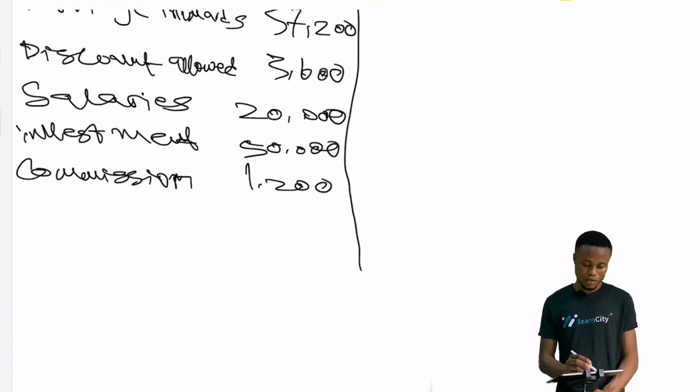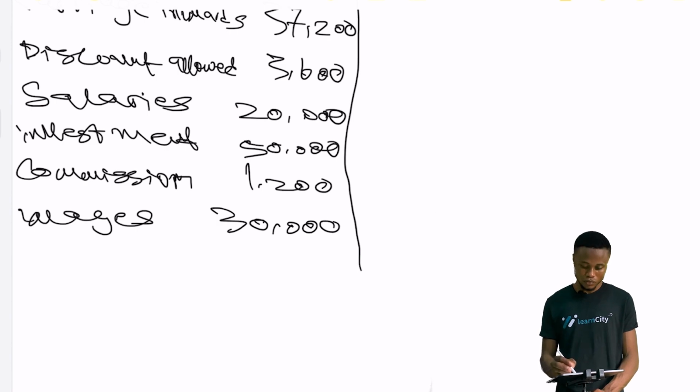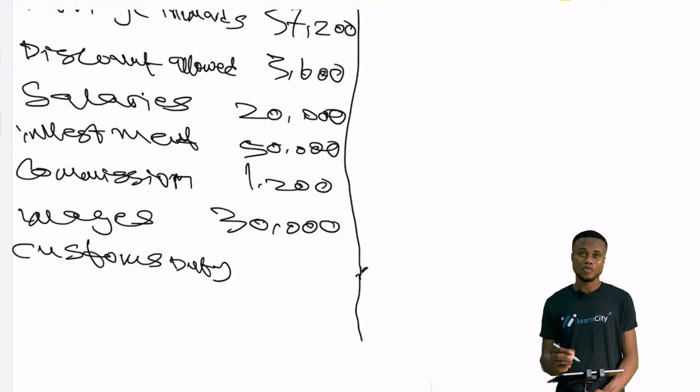Wages, 30,000 naira. After wages, they give us customs duty, and the amount for customs duty is 14,000.